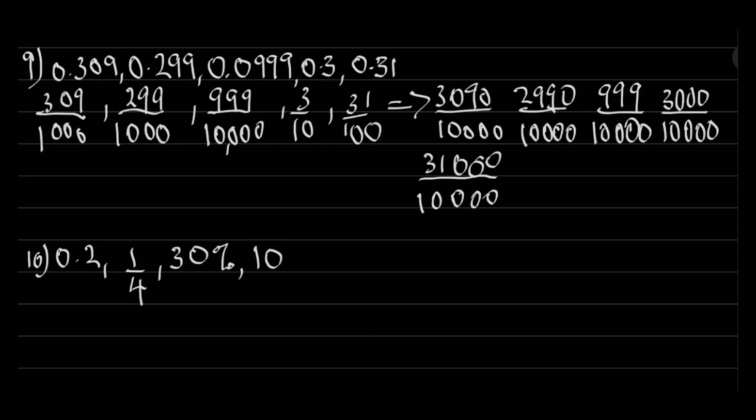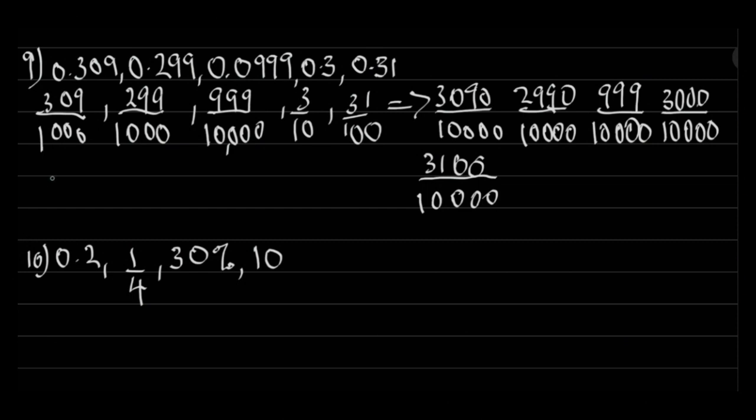So right here we can tell that 3,100 is the highest, followed by 3,090. Sorry, I think I made a mistake. It should be 3,100, not 31,000. So 3,100 is the greatest, followed by 3,090, followed by 3,000, then 2,990, then 999.